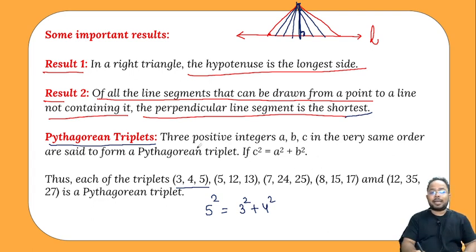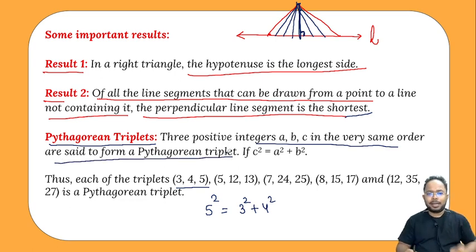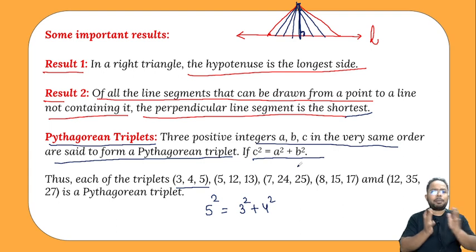So we can say that three positive integers a, b, c, in the same order, are said to form a Pythagorean triplet if c square is equal to a square plus b square. That means c represents the hypotenuse and the other two are the sides of the right angle triangle.